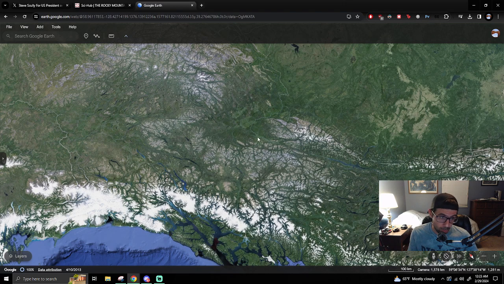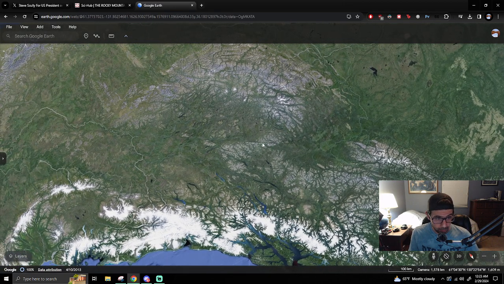According to modern science, the interpretation is that the Rocky Mountain Trench starts here, and then over here is called the Tintina Trench, which is really the same thing, just a different portion of it, in my interpretation.